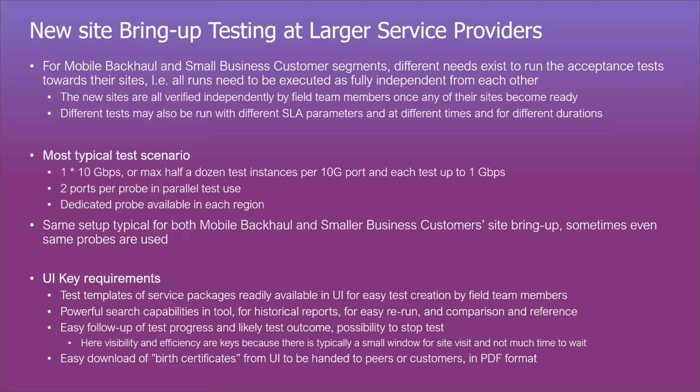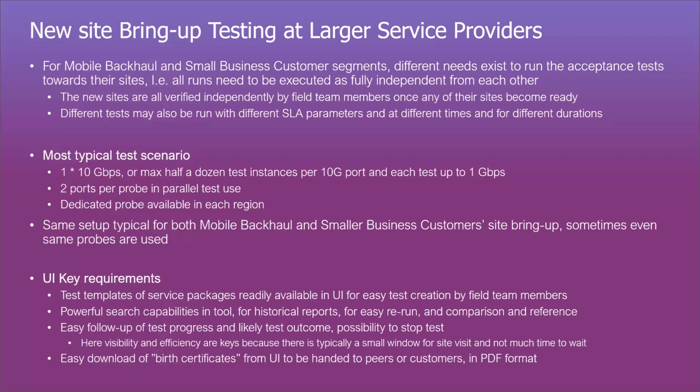It is also to note that different sites and services may also be tested with different SLA parameters and at different times and for different durations. Hence, they all need to be individual test runs.